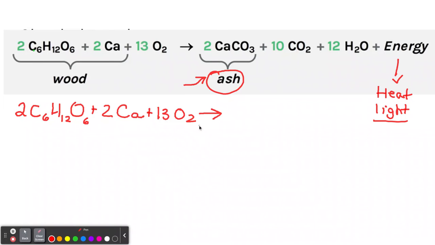So again, you have 2 of 6 carbon, 12 hydrogen, and 6 oxygen. Plus you have 2 of calcium. Remember, Ca is calcium. Plus 13 of the O2, and you get this. You get ash, carbon dioxide, water is released, and of course energy, heat and light.